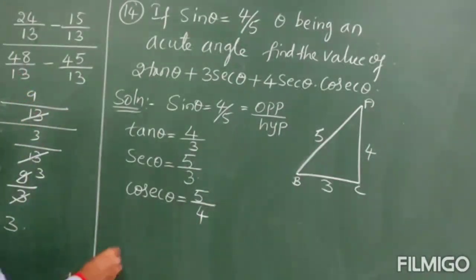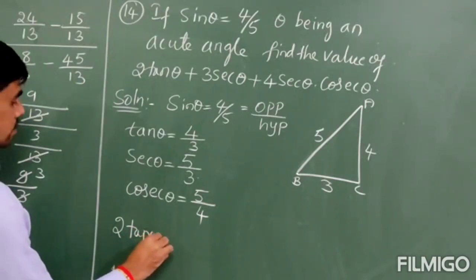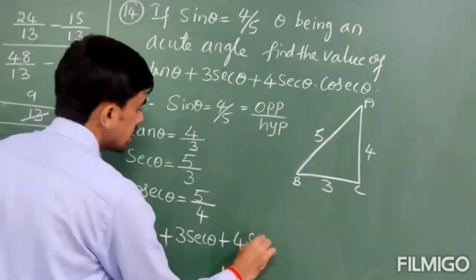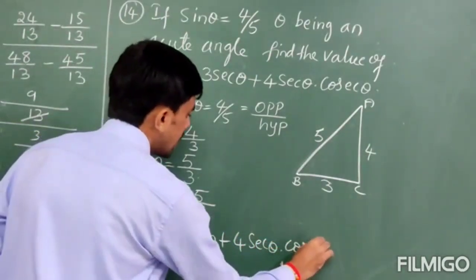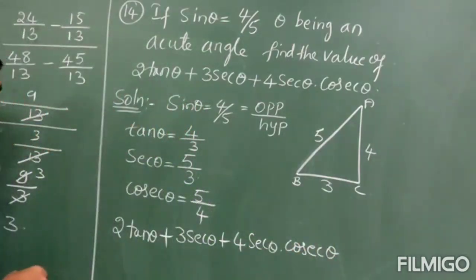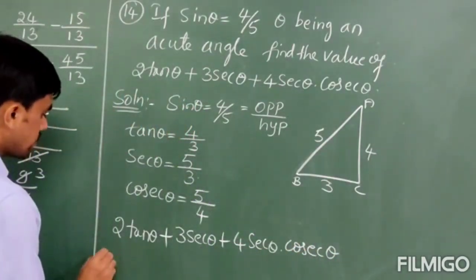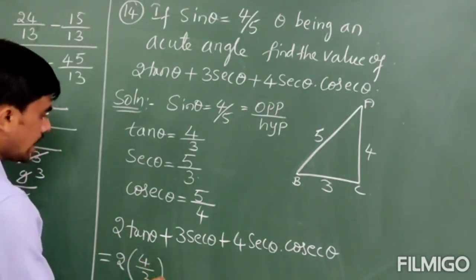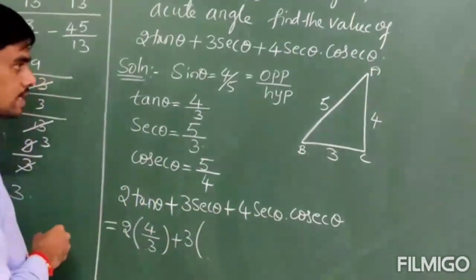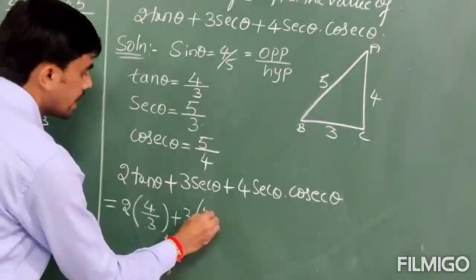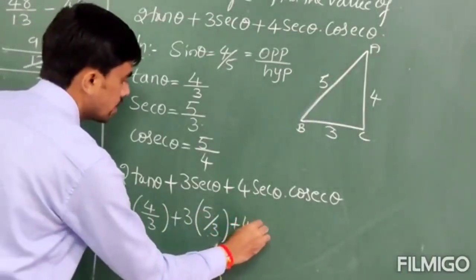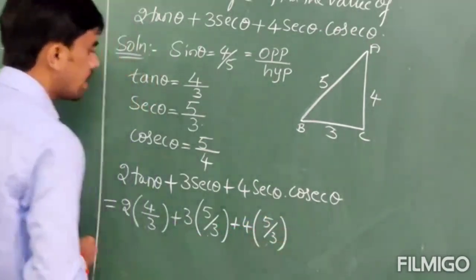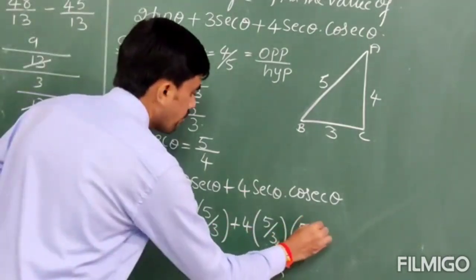So next we consider 2 tan theta plus 3 secant theta plus 4 secant theta into cosecant theta. Which is equal to 2 into the value of tan theta, 4 by 3, plus 3 into the value of secant theta, 5 by 3, plus 4 into secant theta, 5 by 3, into cosecant theta, 5 by 4.